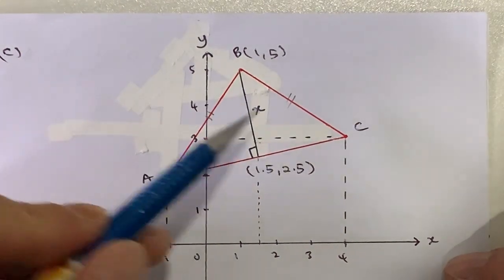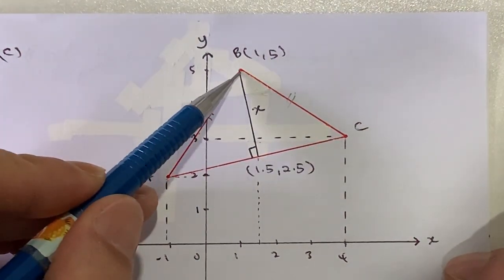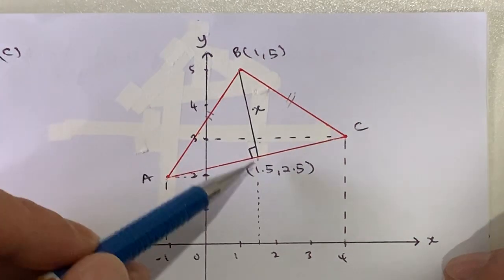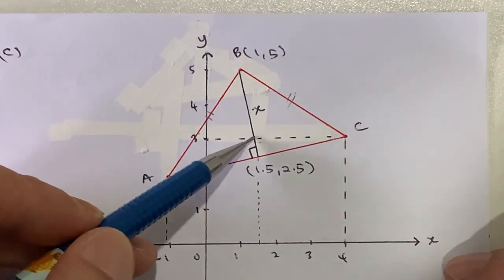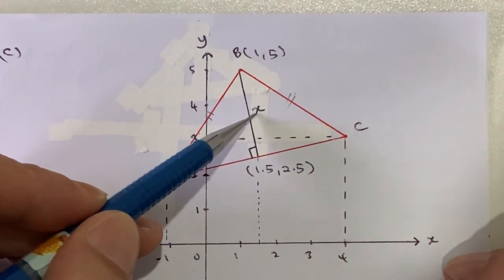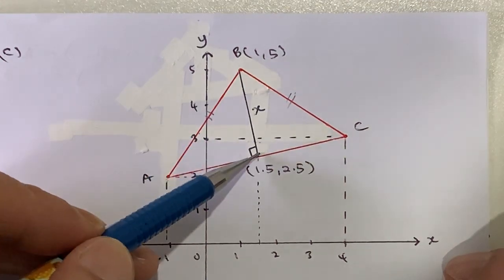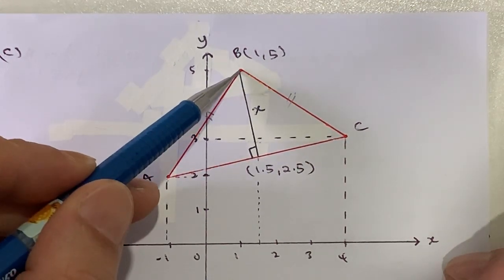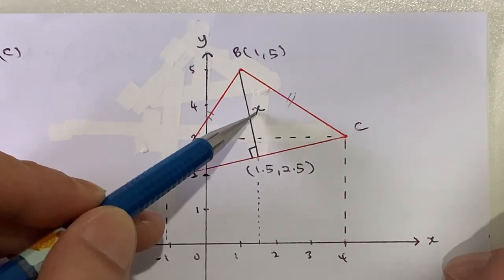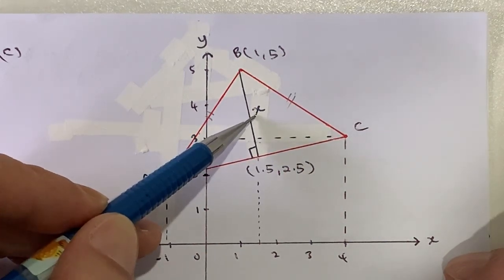With this kind of property, the perpendicular distance from B to AC will be the answer. So I'm going to put X as the answer. The distance from here to here will be the answer for part C.